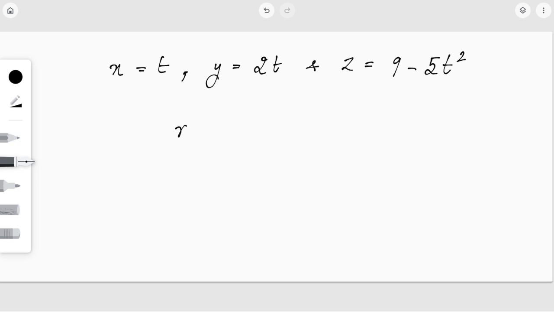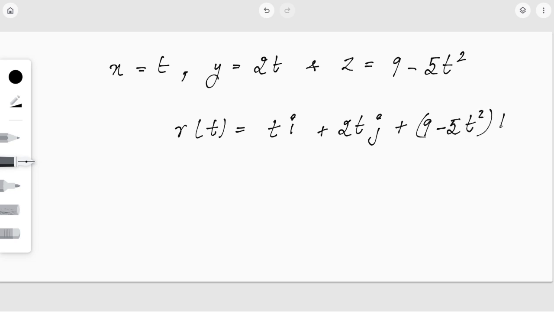That is, the vector function would be given by r of t is equal to t i plus 2t j plus (9 minus 5t square) k. So what did we do to solve this problem?